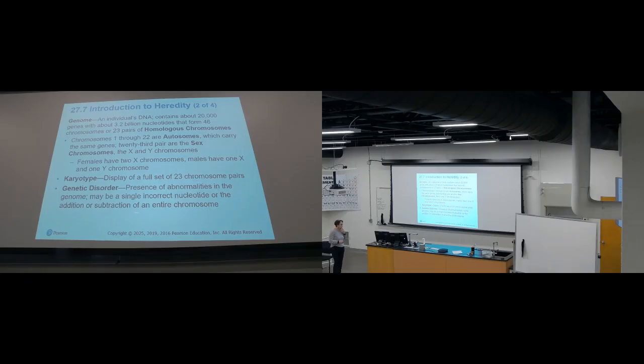And when you study these chromosomes under the microscope, you extract them from the nucleus of the cell, stain them, pair them up, and take a picture, you create something called a karyotype. The karyotype as a whole can give you interesting information.